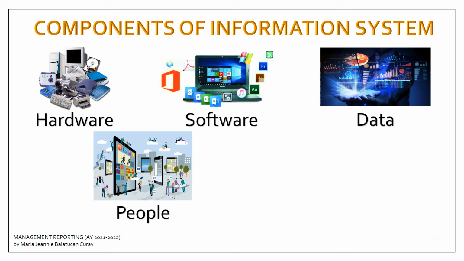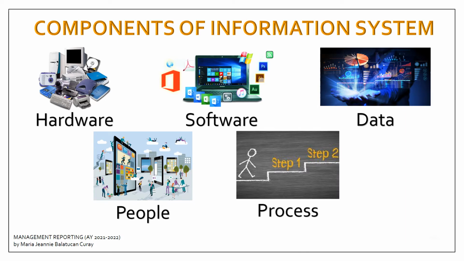The people are those involved in information systems, from the frontline help desk workers to the systems analysts to the programmers, all the way up to the chief information officer. These are the users of the data.